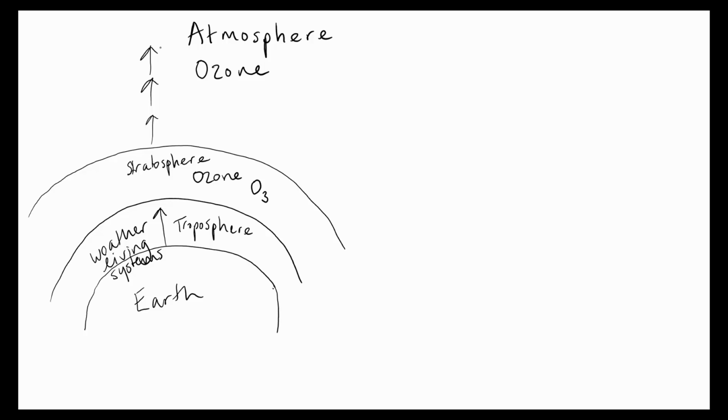You do need to know what the atmosphere contains, and most of the atmosphere, something like 78% of the atmosphere, is made up of nitrogen gas, and this is very unreactive. The fancy science word for that is inert.